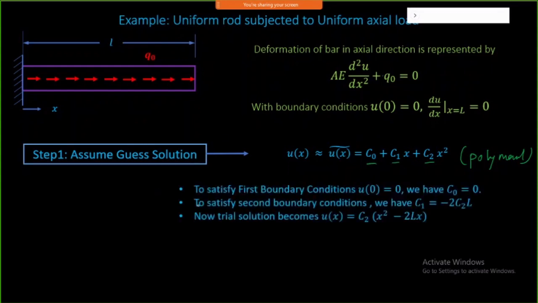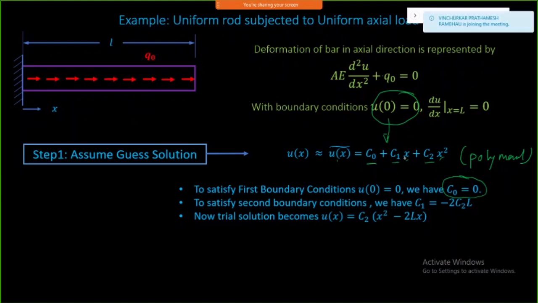So first of all, satisfy these boundary conditions. First substitute the first boundary condition. When you substitute it, this becomes 0, u becomes 0, and your C0 becomes 0. This is one constant value we got. Second, apply the second boundary condition and take a derivative of it; this derivative will be C1 plus C2 x square or something, and I will get one more equation, that is C1 is equal to minus C2 L. This is my second equation.